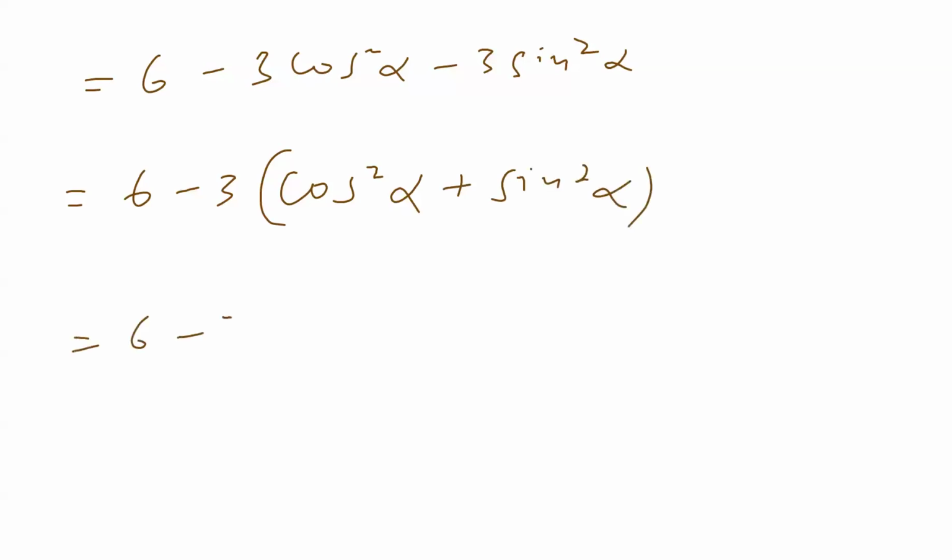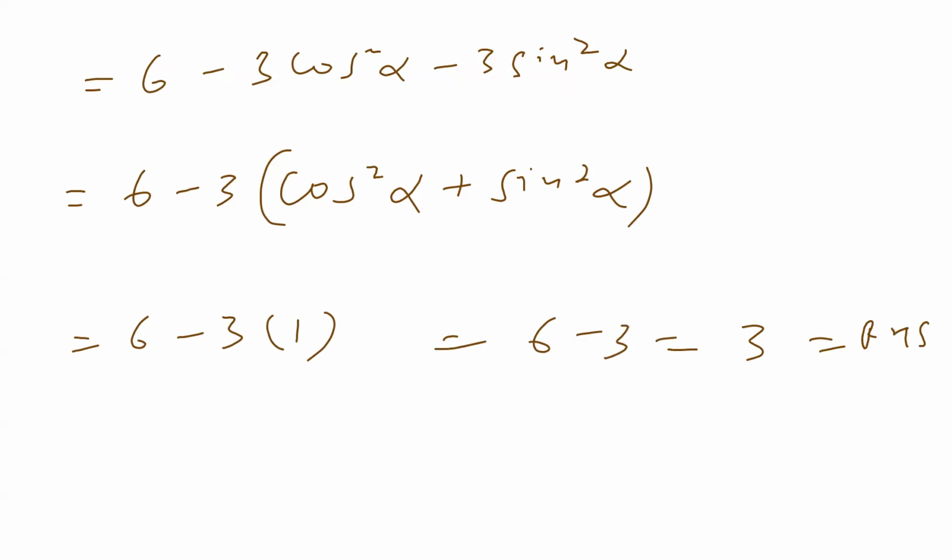Now cos square alpha plus sine square alpha is 1. 6 minus 3 is equal to 3, which is equal to your RHS. That was your question number 26.